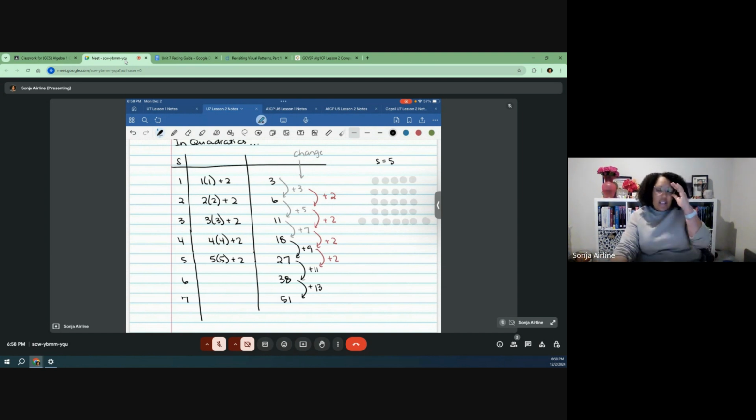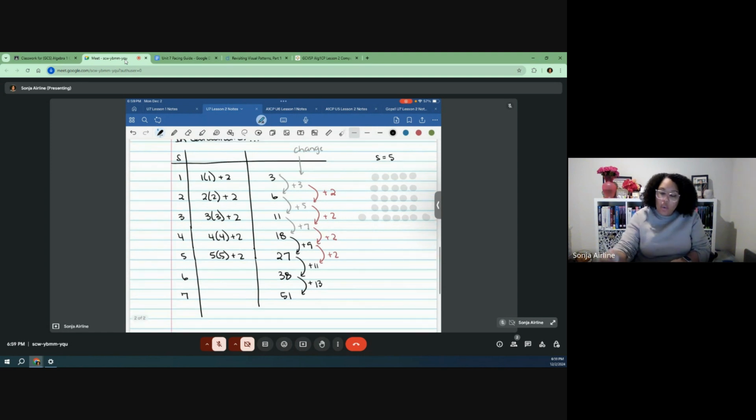So what we're seeing here now is that our change is still increasing, but it's not increasing proportionally. It's not that my change keeps getting bigger through this idea of multiplication. What we notice in quadratics is that quadratics have a constant second difference.